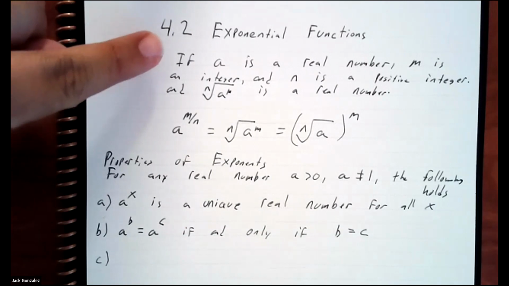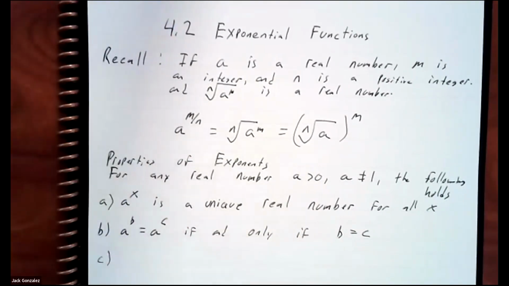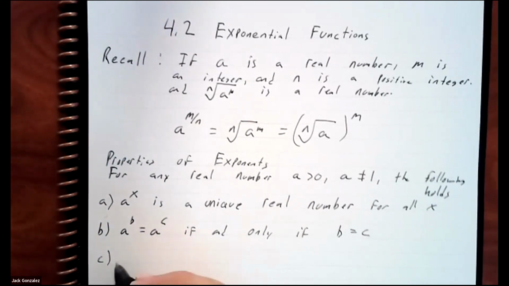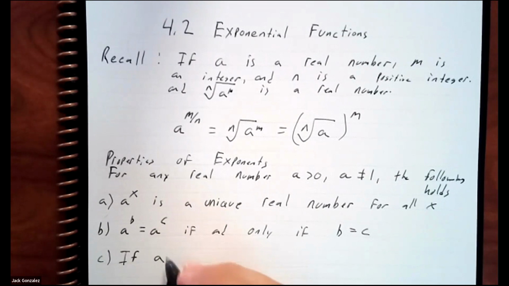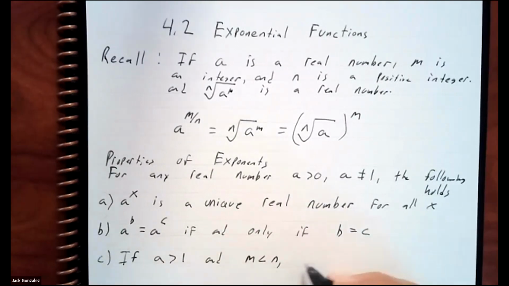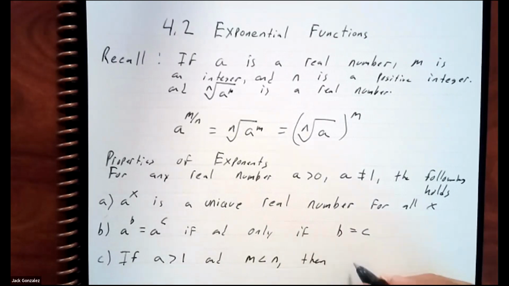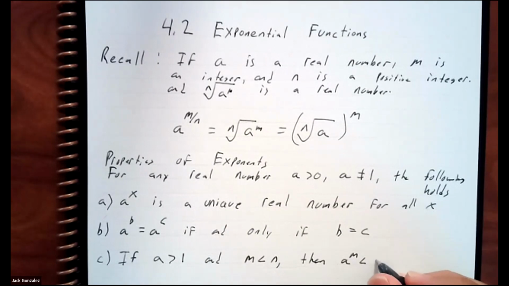The difference being up here, right? If this is true, then something else is true. That's a single direction. Like this guy right here is one direction. If a is greater than 1 and m is less than n, then a to the m is less than a to the n.